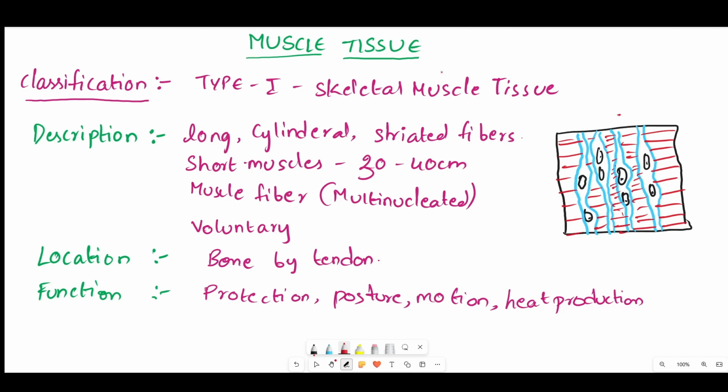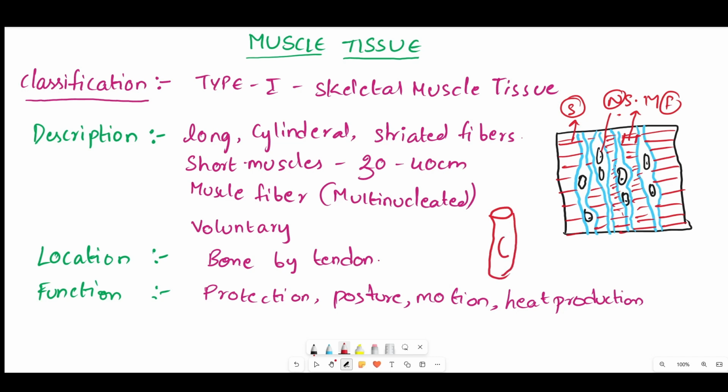Coming to the diagram, the skeletal muscle tissue looks like this. This area we call the skeletal muscle fiber. These are called the nucleus, and these are called the striations. If we zoom in on this diagram, it looks like this.